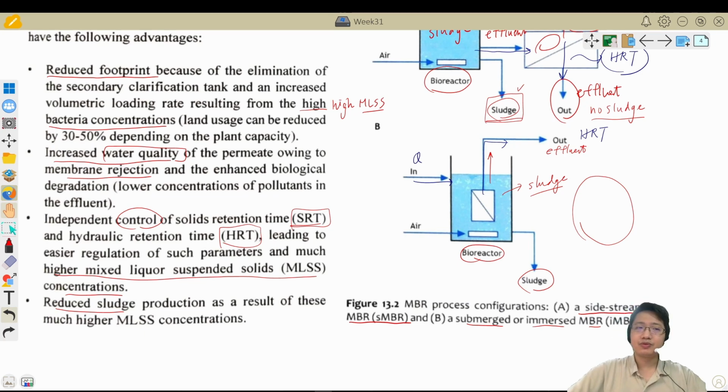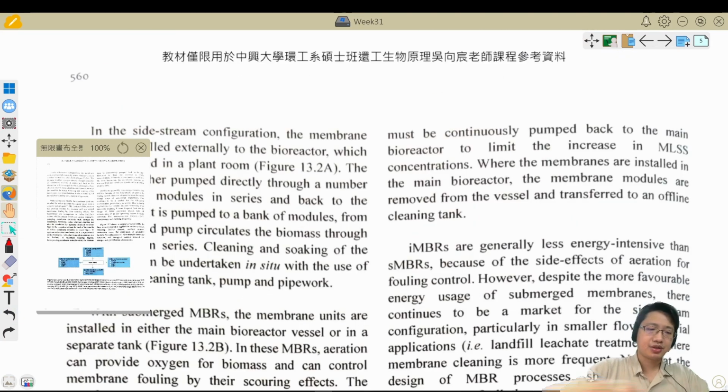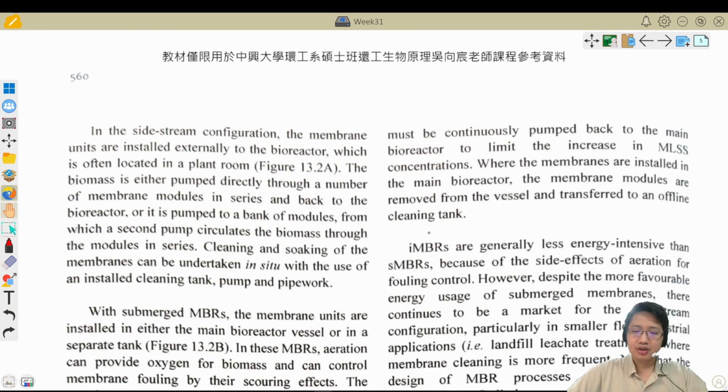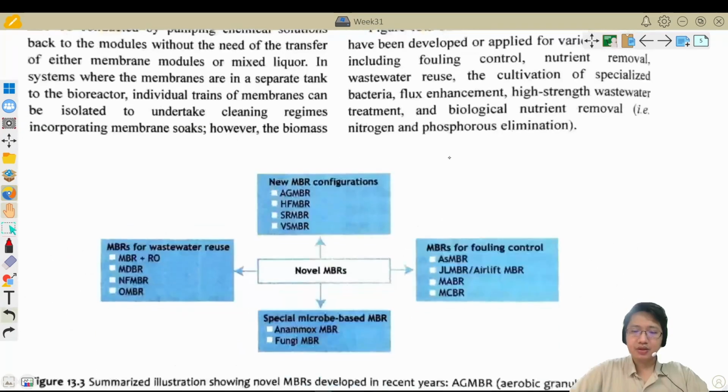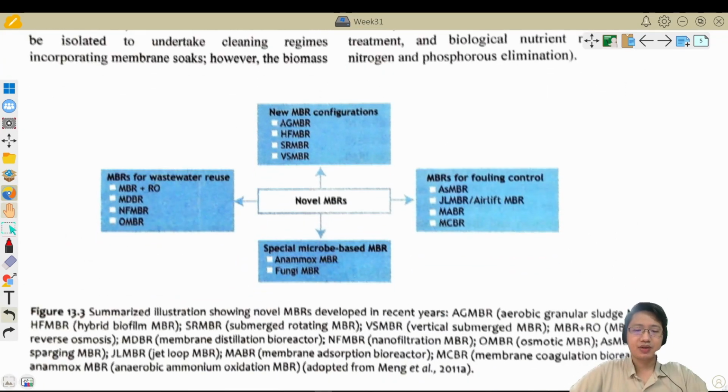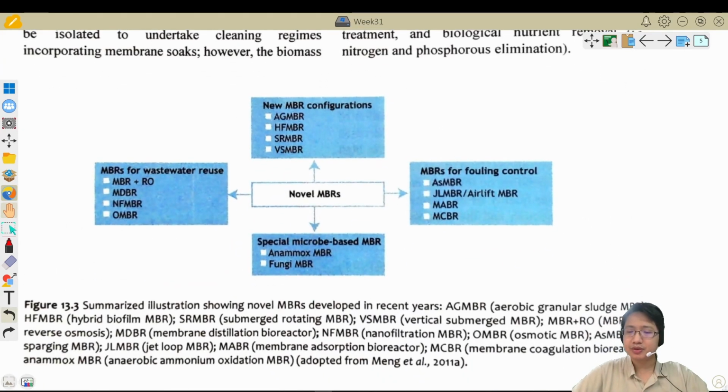Let's move to the next page here. So, the development of the MBR is becoming different for different purposes.